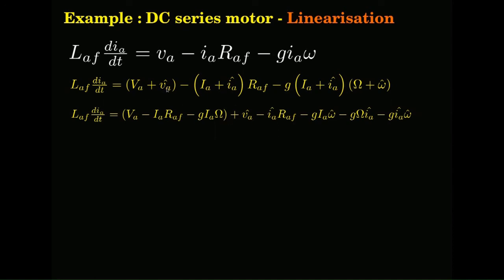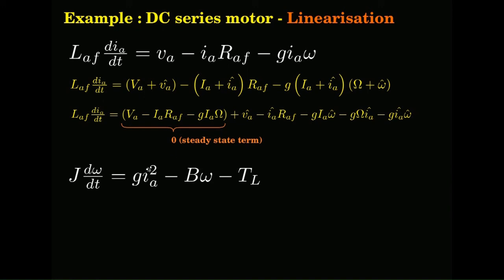So, you have VA hat, IA hat RA, then you have G IA hat omega hat, then G IA hat omega and G IA omega hat. These are the small signal terms, right. Now, this is equal to 0 because steady state, okay, we can remove that.